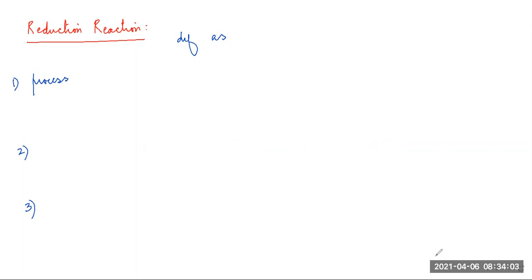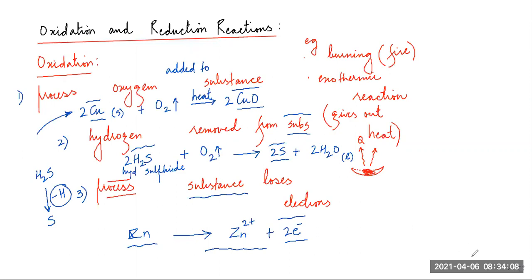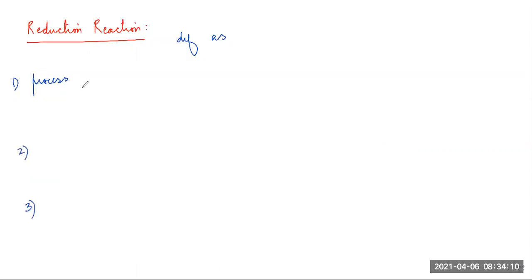Oxidation was a process in which oxygen is added to a substance. Reduction is a process in which oxygen is removed from a substance.